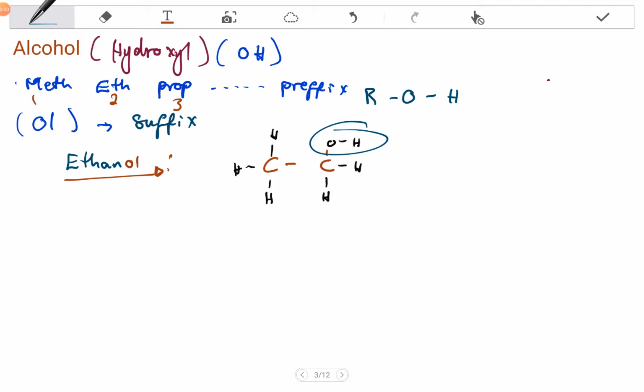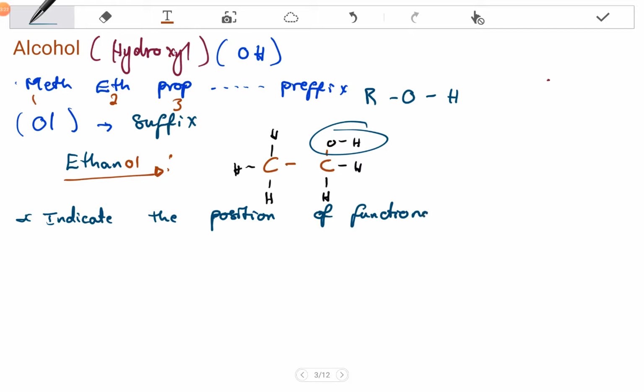So please give the name of this one. When you are naming, we always indicate the position of the functional group.